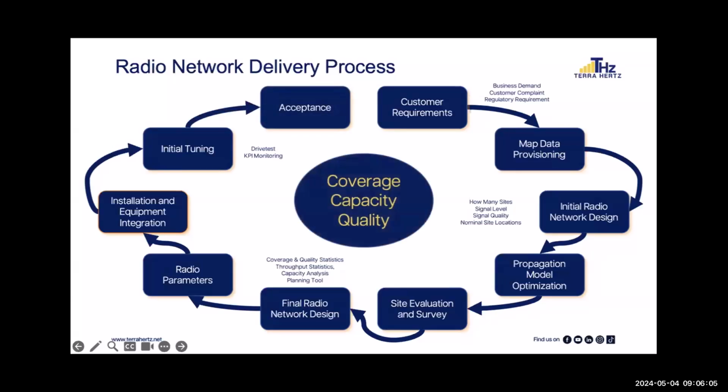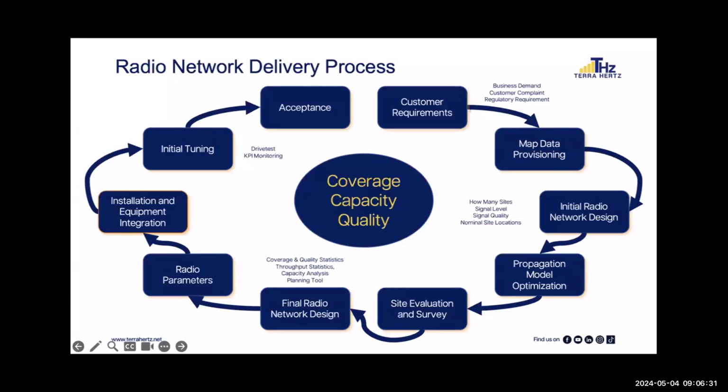This revolves around three main factors: coverage, capacity, and quality. And right now we are incorporating another term, which is cost: coverage, capacity, quality, and cost. So that's the deployment.